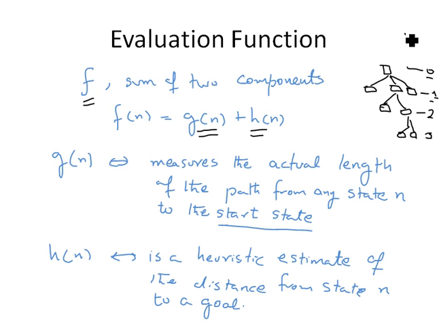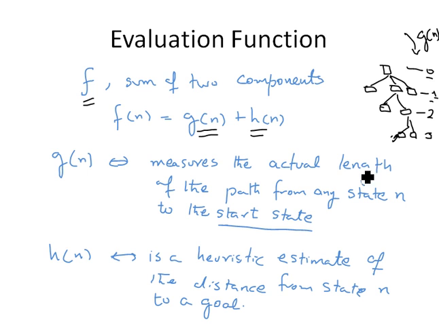So this signifies, in our case, g(n), which is the actual length of the path from any state n to the start state. Whichever state we are in, we could say what is the length of our path. In this case, if we are here at this point, the length of our path would be 3. So we could measure it directly.